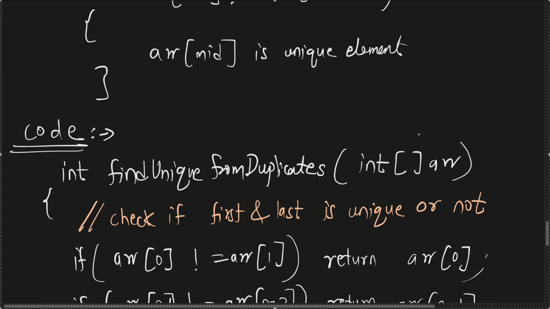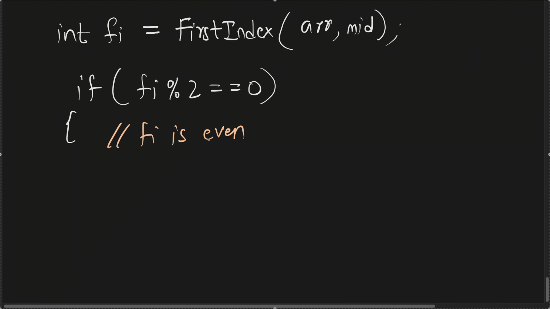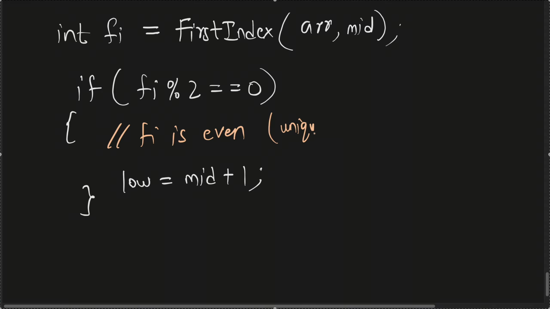So which pointer do we have to update? The low pointer. Low will be mid plus 1, because the unique element is in the right side.